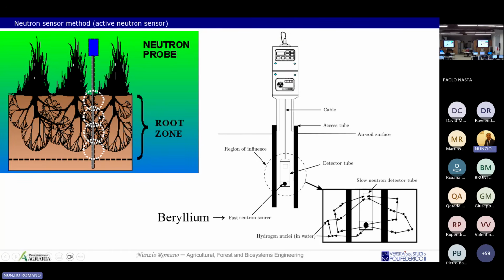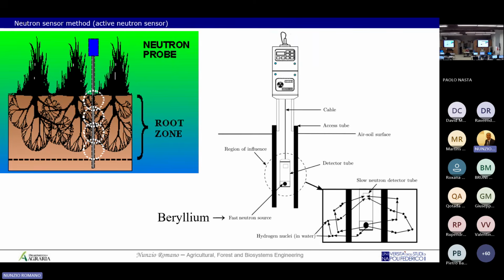I don't want to go into detail of the neutron probe, the active neutron probe, but it's important from the educational point of view. This is a webinar on basic soil hydrology, and this is why I do believe that from the educational point of view, it's important to understand how the active neutron probe, the neutron sensor, works. It was used a lot 20 or 30 years ago, when I was in the US, in Michigan, working with Joe Ritchie at Michigan State University.